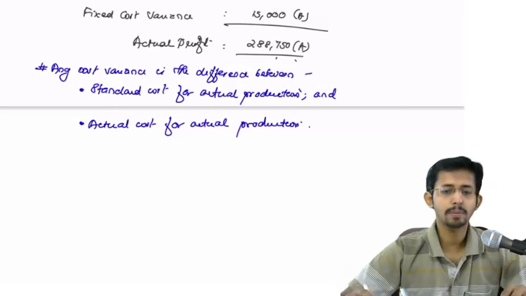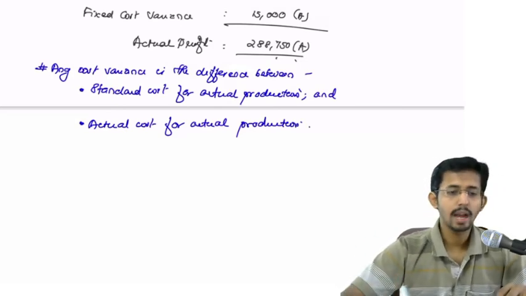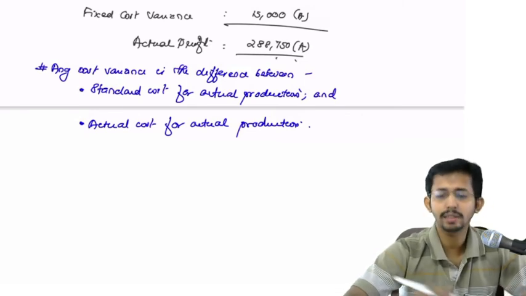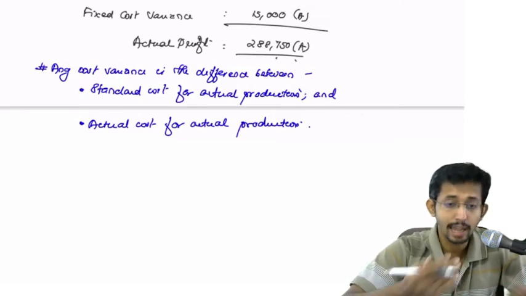Standard cost for actual production and actual cost for actual production. Actual cost for actual production need not be written that way. You can simply write it as actual cost.